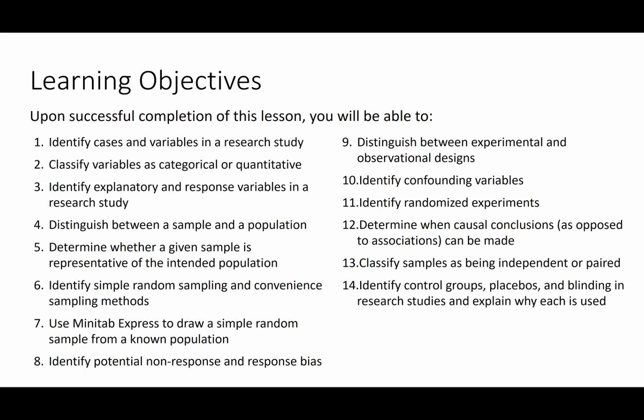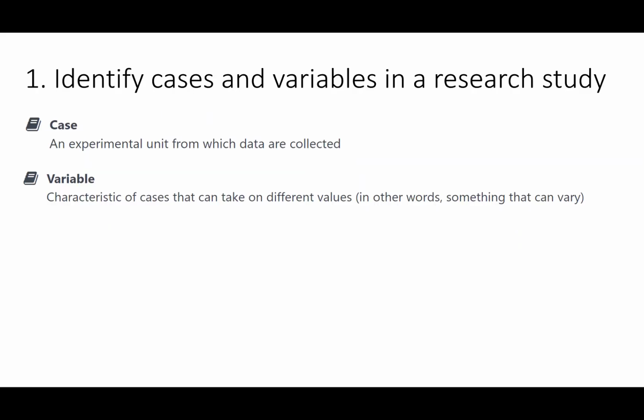Let's get started with the first learning objective here. Our first learning objective is to identify cases and variables in a research study. Here we have two new vocabulary words, case and variable. In the online notes, vocabulary terms will have this book icon.